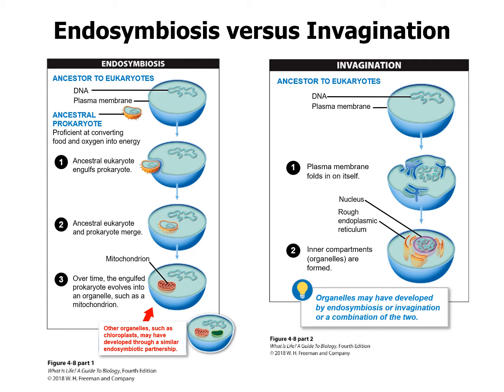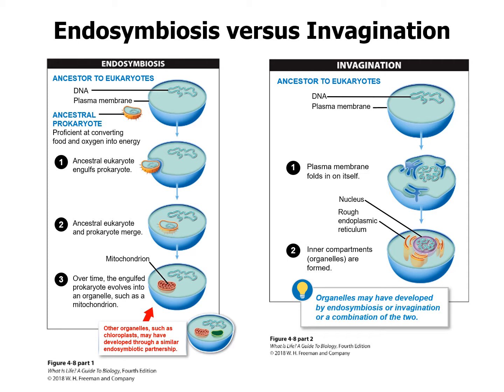It is the idea that the plasma membrane around the cell may have folded in on itself to form the inner compartments, which subsequently became modified and specialized. So that's just another little theory as to how cells, specifically eukaryotic cells, evolved those various organelles inside of themselves.